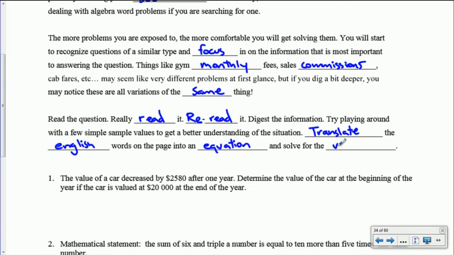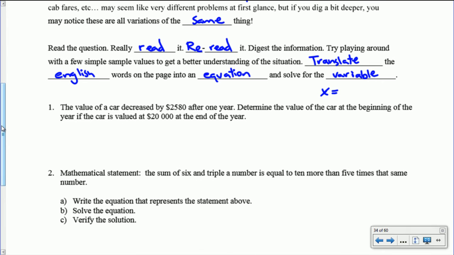So often it is a variable, so generally a good idea to identify what it is that you're looking for. So maybe it might be total cost. So generally you might just say x is equal to whatever it is that you're solving for. That is often a good call when you're solving basic algebraic equations or problems.